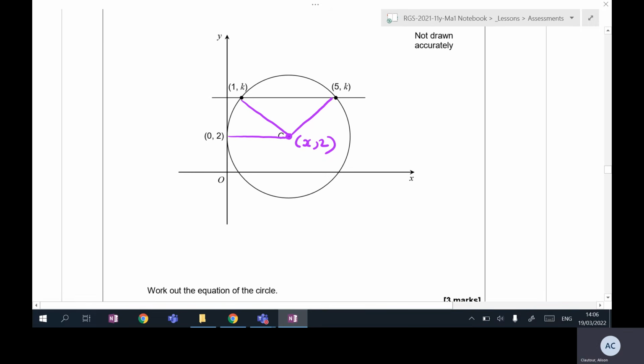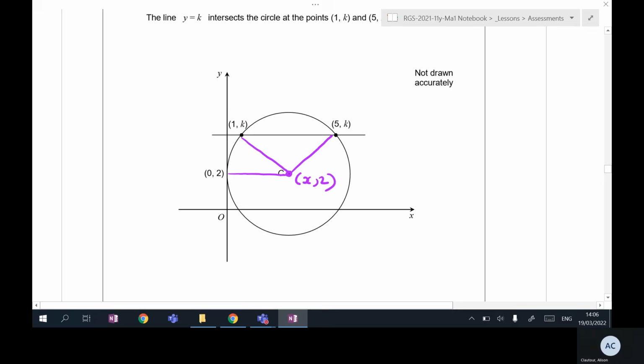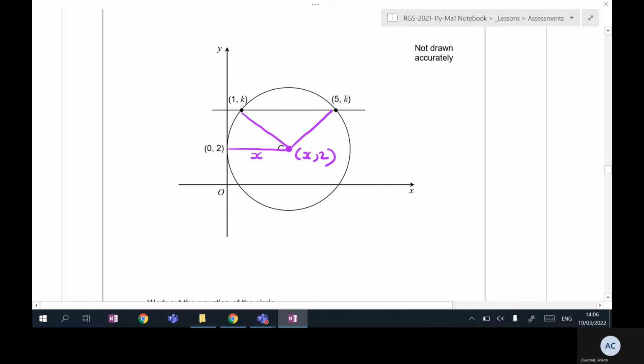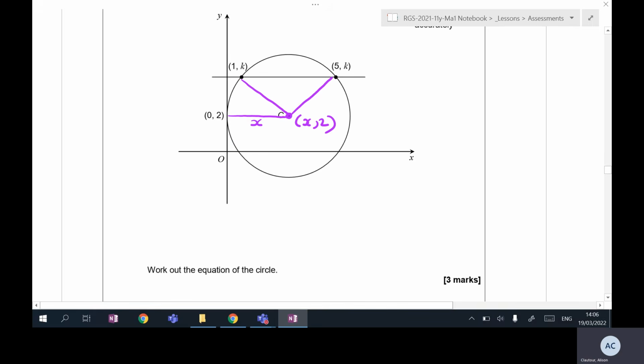Okay, so what I'm going to do is work out the distance between these coordinates. So 0 is my x coordinate and x is my x coordinate. So actually, the length of that is going to be whatever the radius is. So therefore, if we think about doing it between (1, k) and (x, 2), got a lot of unknowns here.